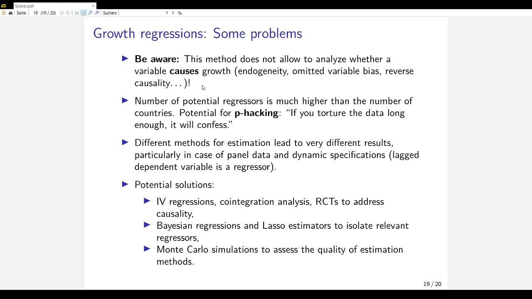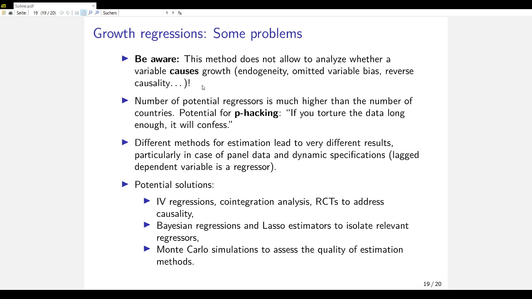But also different methods for estimation can lead to very different results, particularly in case of panel data. So here we've looked just at standard cross-country growth regressions, but what was the innovation in the second half of the 1990s was to introduce panel data growth regressions.